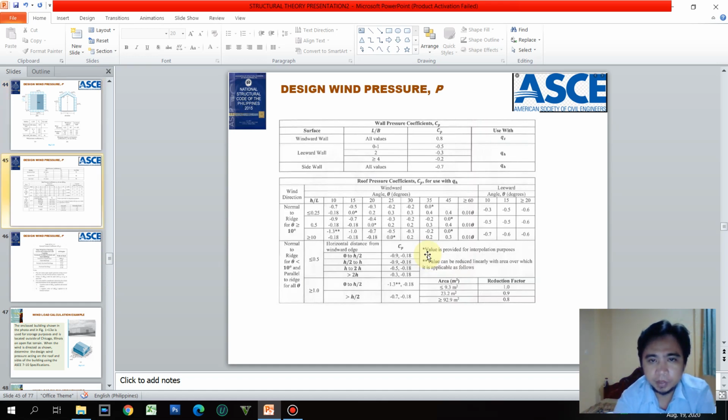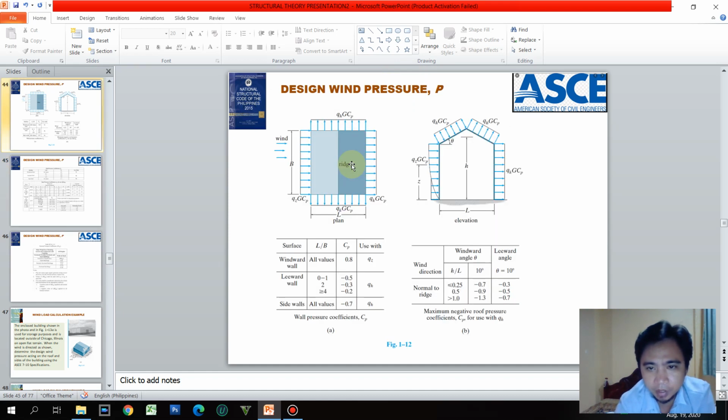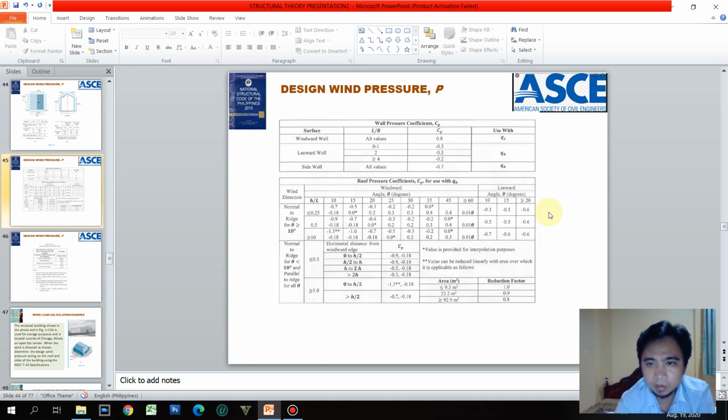Okay, so pressure coefficient CP, these are more detailed, because in here, as we can see, this is just a portion of the table, because it only presents the 10 degree angle.